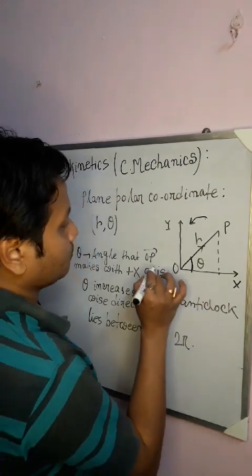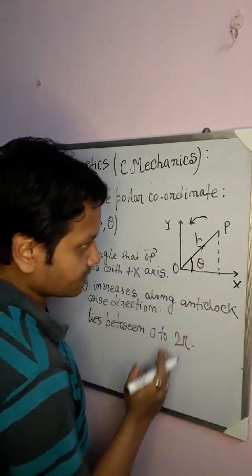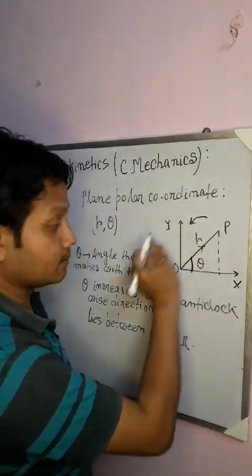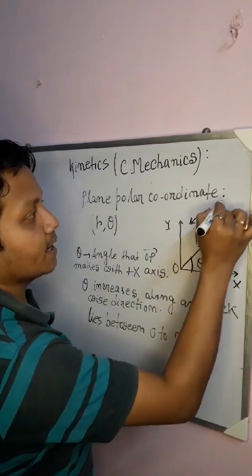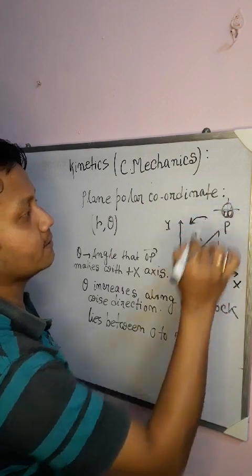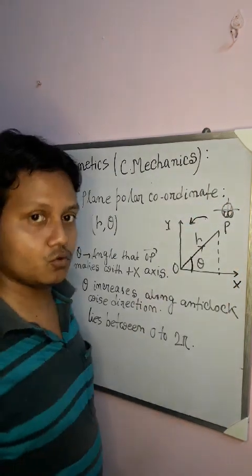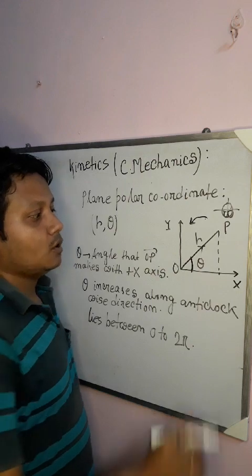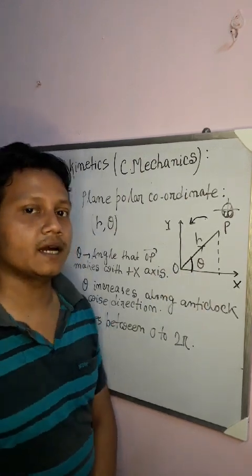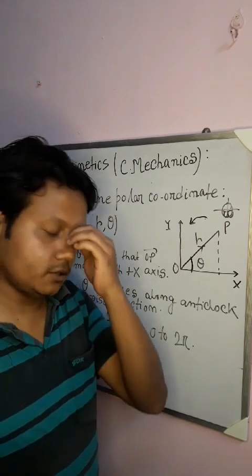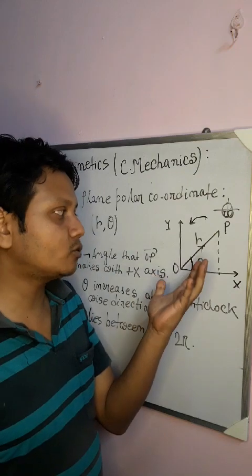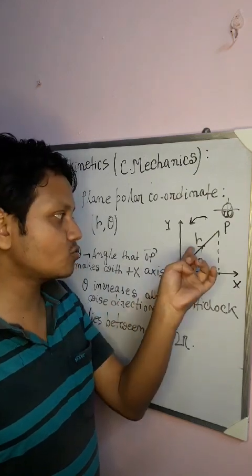Because this is the negative x-axis and this is the negative y-axis, theta can cover the entire cycle, with each quadrant being pi by 2, so the entire variation of theta is between 0 and 2 pi. Remember that in the Cartesian coordinate system we introduced position vectors along three axes. Similarly here we can introduce two vectors corresponding to r and theta.